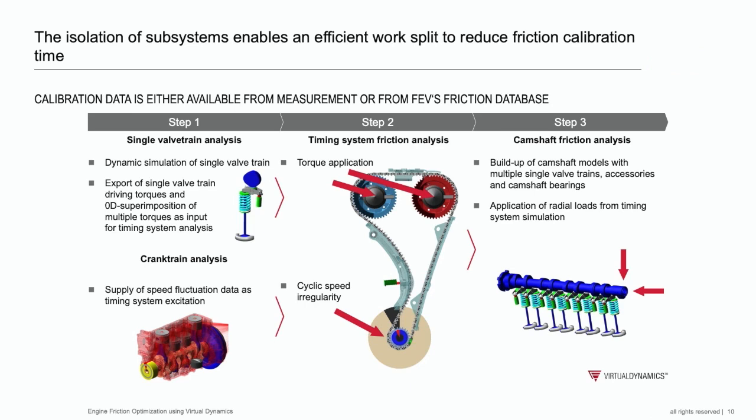Both information together allow us to simulate the timing system. From the timing system simulation, we are able to obtain the hub loads, which can then be imposed on the single camshaft. So this is our approach on how to reduce the parameter matrix and how to speed up simulation and calibration time.